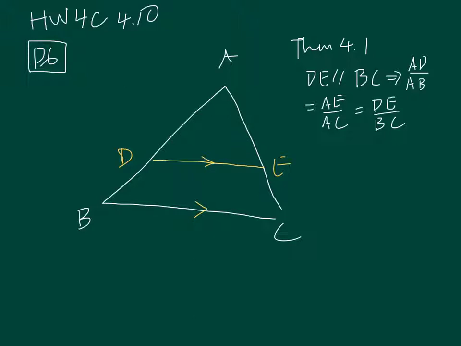That's what the theorem 4.1 says. You see, whatever the length is, take that divided by AB is the same as AE divided by AC and also DE divided by BC.